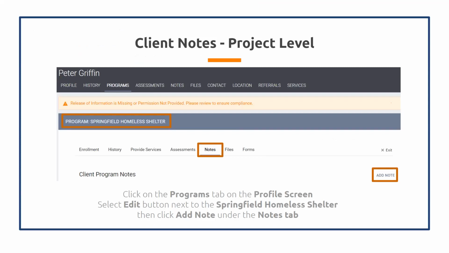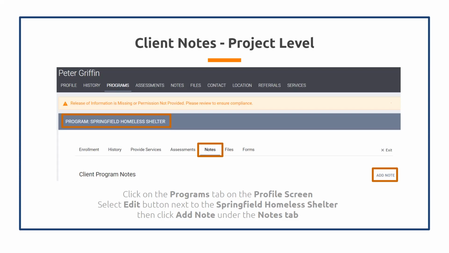Now we will add a client note on a project level, similarly to the client notes on an agency level. When it is public, it is available for all agencies to see. When it is private, it is only available for your agency to see. So you click on the programs tab on the profile screen, select the edit button next to the Springfield Homeless Shelter.